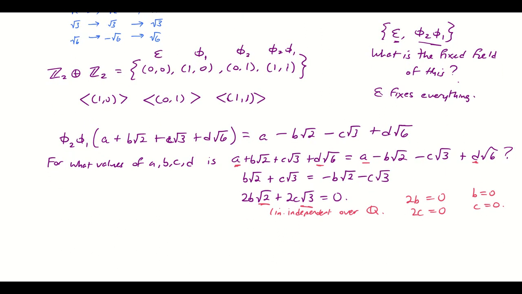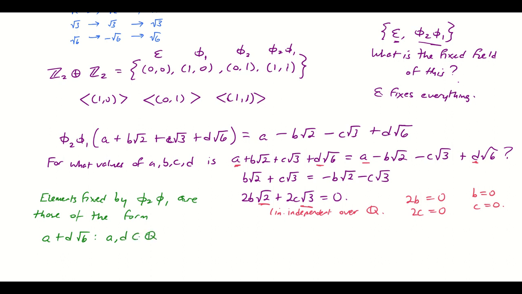So it looks like the elements fixed by this phi 2 phi 1 are those of the form a plus d root 6, such that a and d are rational numbers.